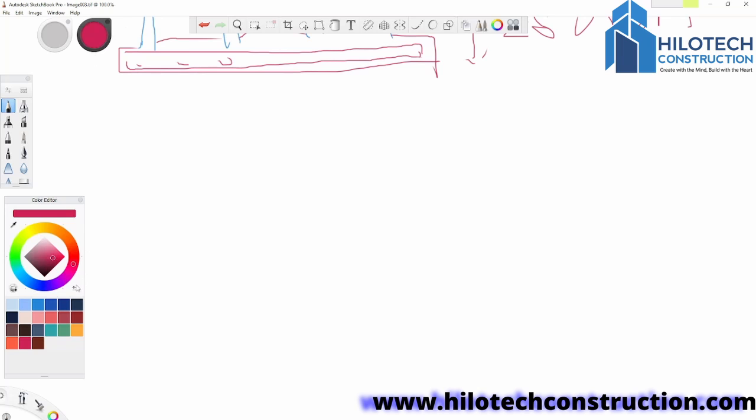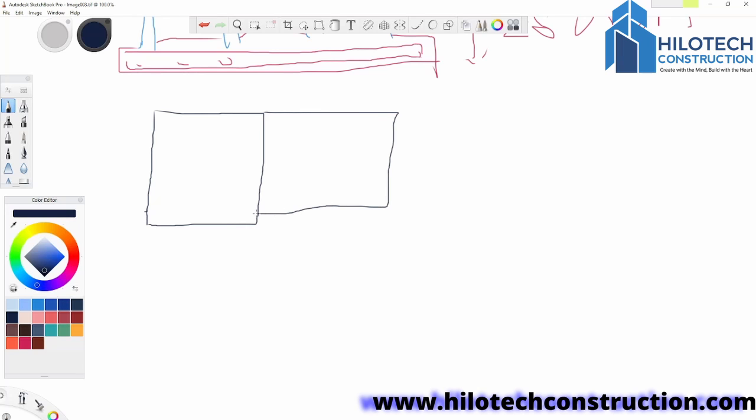Okay, so for this next type, let's say you have 3 plots of land. This next type mostly goes into city areas. Let's say you have 3 plots of land like this, and this one in the center is your plot of land.